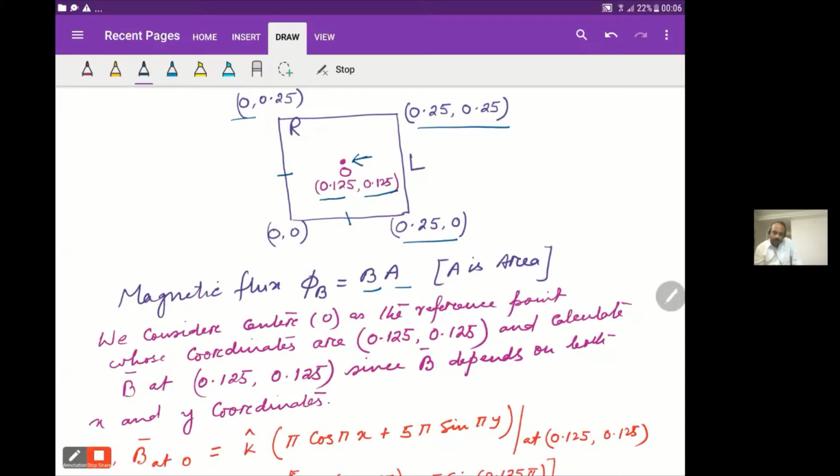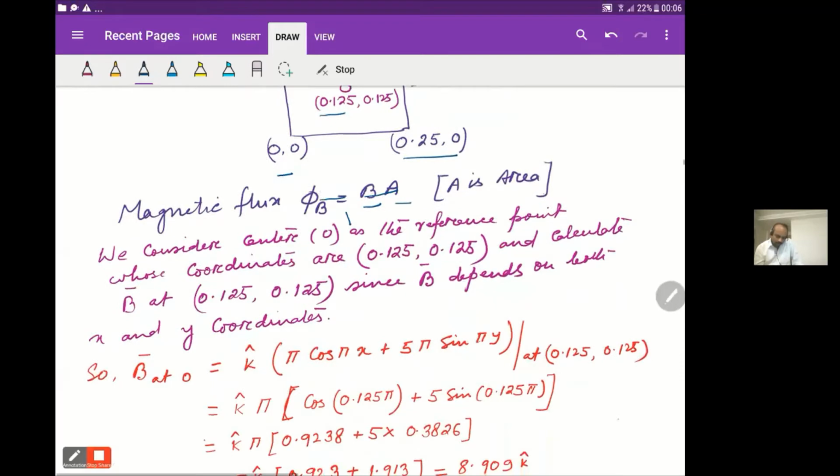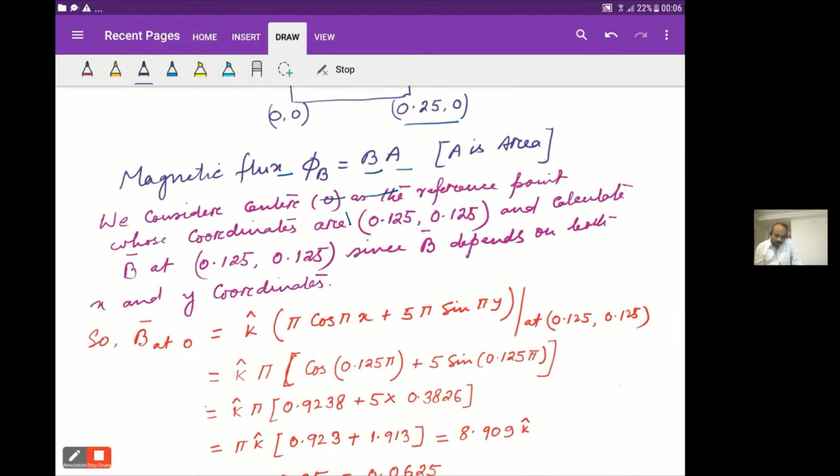So half of 0.25 is 0.125. Therefore, B at the center can be calculated as k cap, pi cos pi x plus 5 pi sine pi y, that is equal to k cap, we can take pi outside of the bracket, putting the value of x, which is 0.125. That means cos 0.125 pi plus 5 sine 0.125 pi.